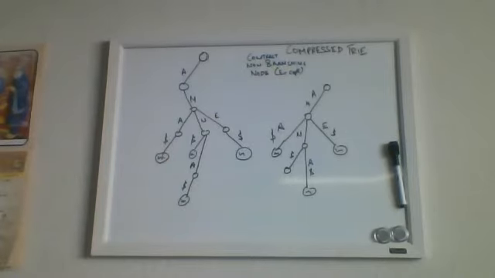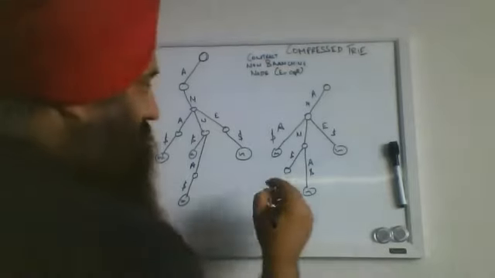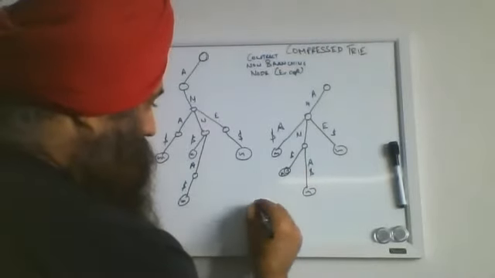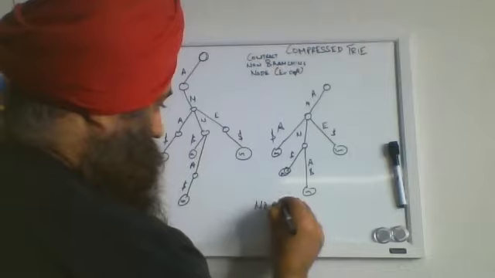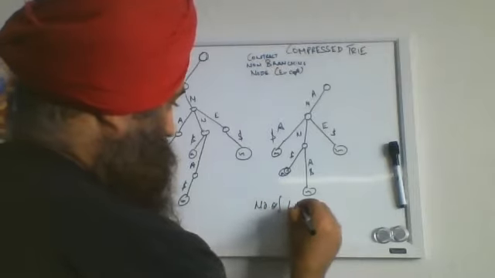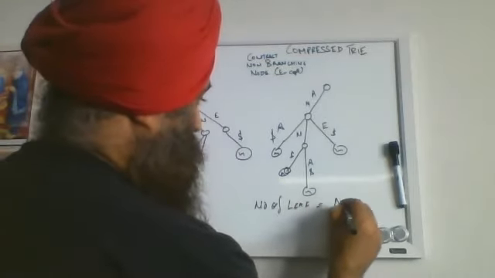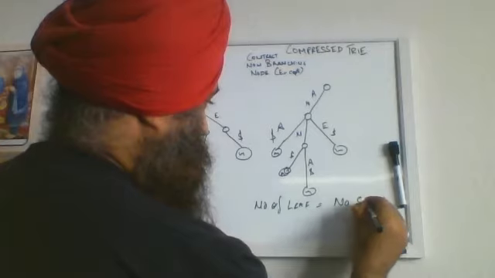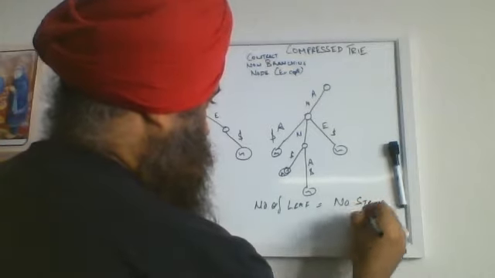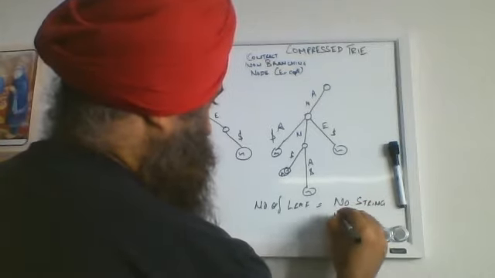The thing with a compressed trie is the number of leaf nodes is always equal to the number of strings you want to represent.